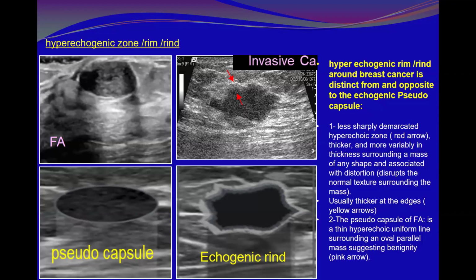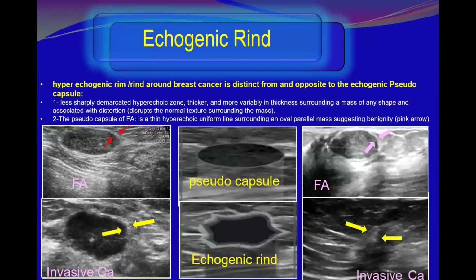Then we add the suspicious features according to the morphology, orientation and other features of the lesion. Again, here we can see more examples to differentiate between the rind and pseudocapsules. This is the pseudocapsule here, very thin, uniform, completely surrounding.